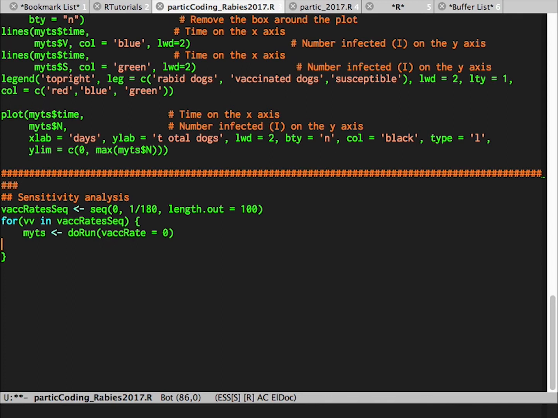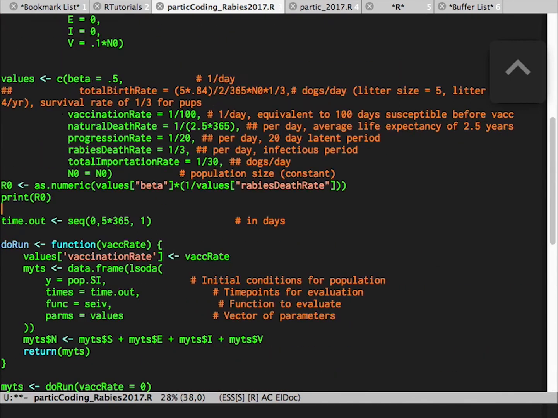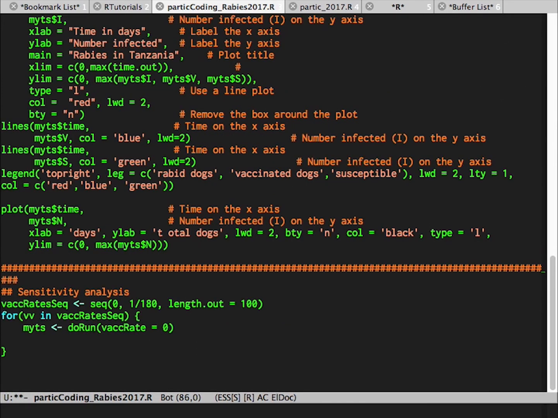Because that's what we want to know. We want to know how many are infected after, what are we running it for? 2 years? 5 years? That should be good enough. So after 5 years, how many dogs are infected?